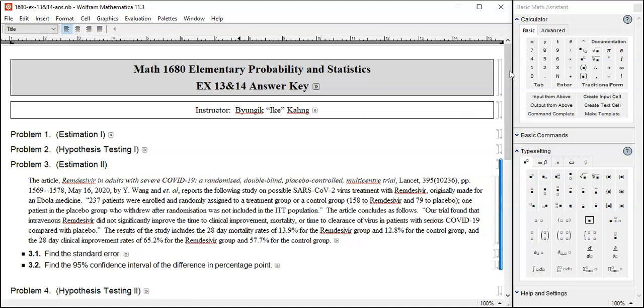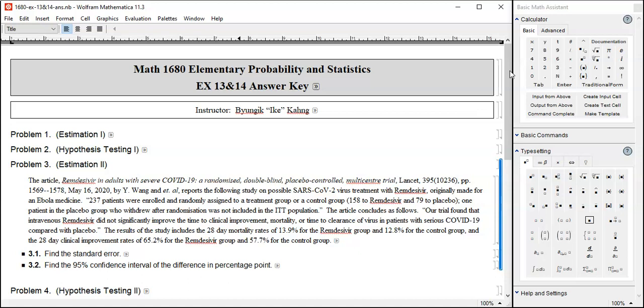Okay, let's begin. The article, Remdesivir in adults with severe COVID-19, a randomized, double-blind, placebo-controlled, multi-center trial. Published at Lancet, volume 395, pages 1569 to 1578, May 16, 2020.